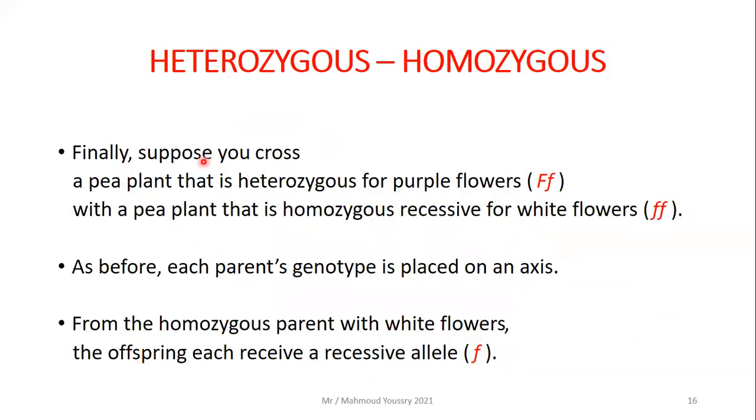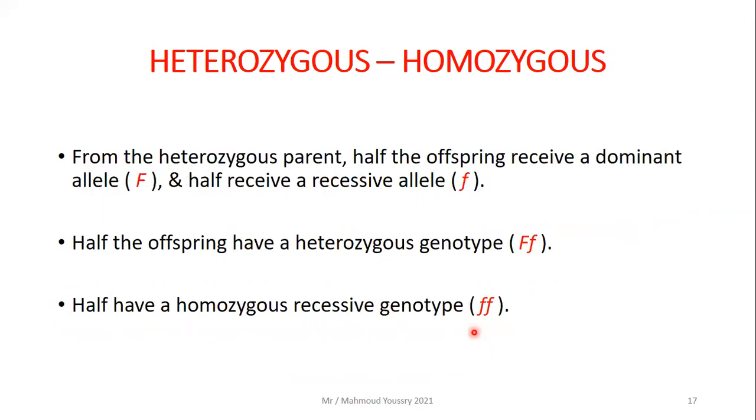Okay, finally, suppose you cross a pea plant that is heterozygous for purple flowers, capital F small f, with a pea plant that is homozygous recessive for white flowers, small f small f. As before, each parent's genotype is placed on an axis. From the homozygous parent with white flowers, the offspring each receive a recessive allele, which is small f.